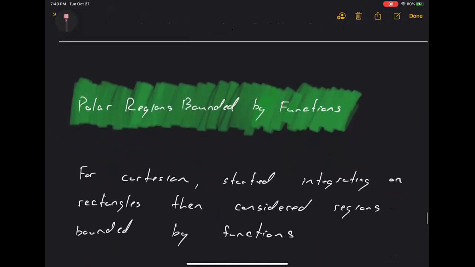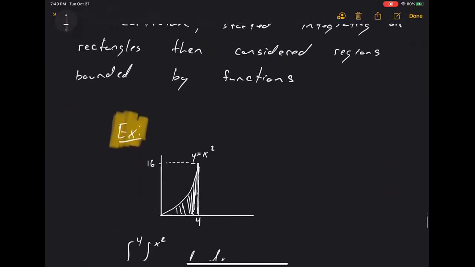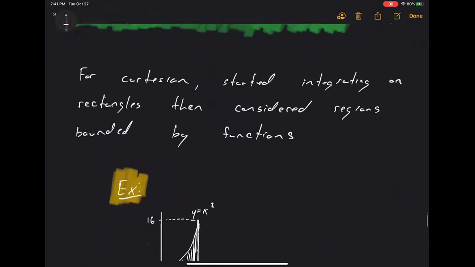And the polar integrals develop in the same way. Maybe I need not just constants for my bounds of a polar integral. Maybe I need functions.